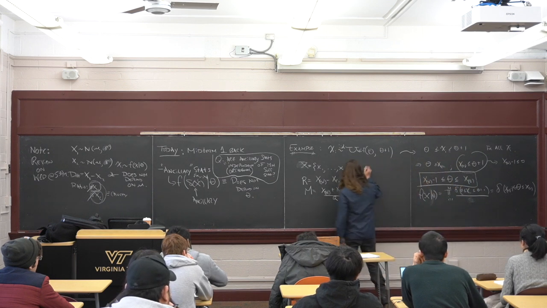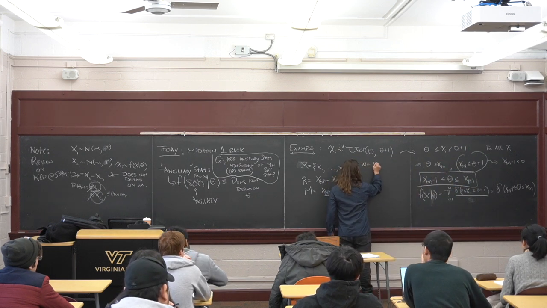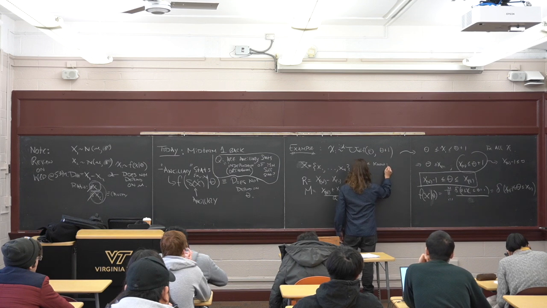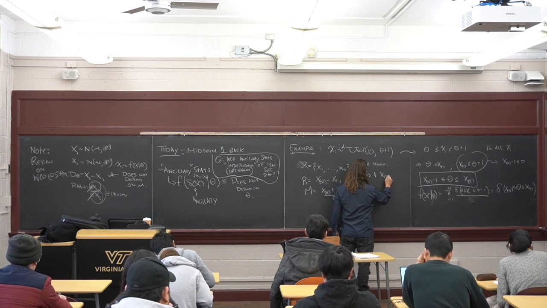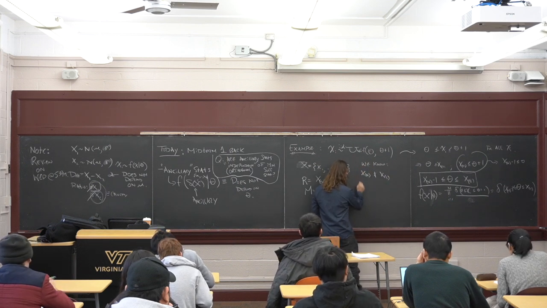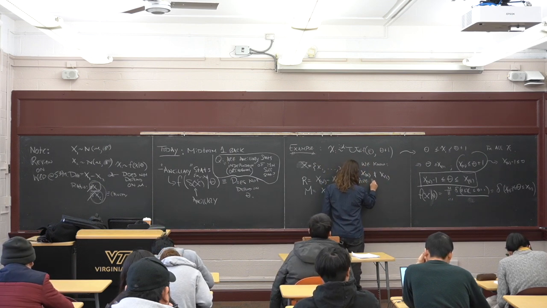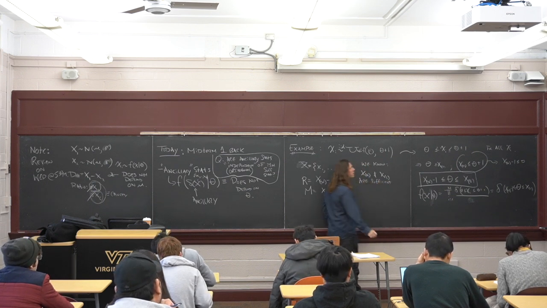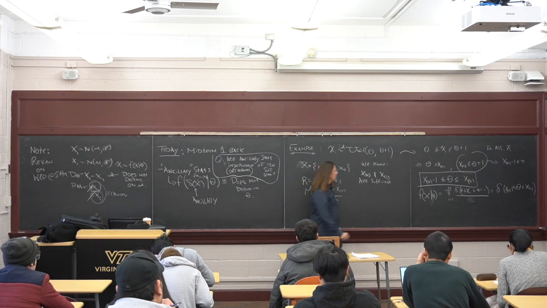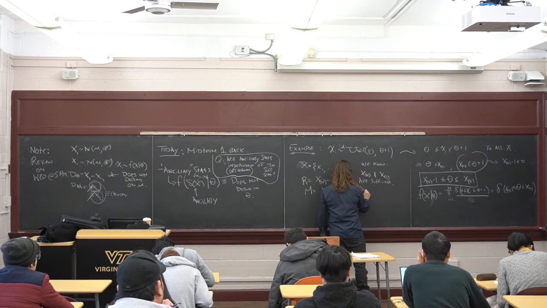Let me just ask a question. So we know xn and x1, the max and min, are sufficient. Here's my question.